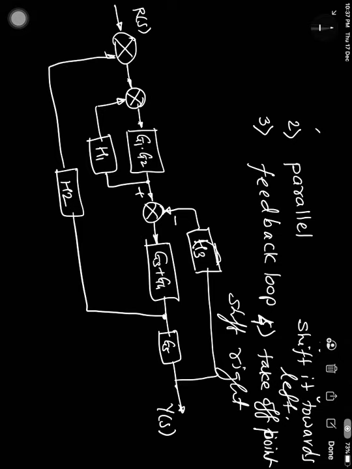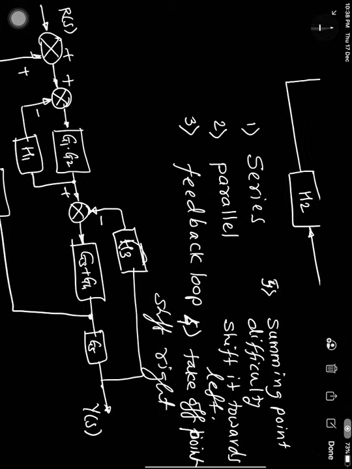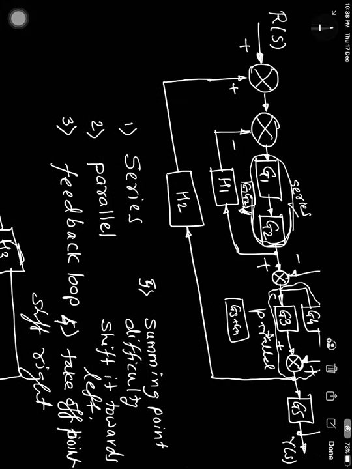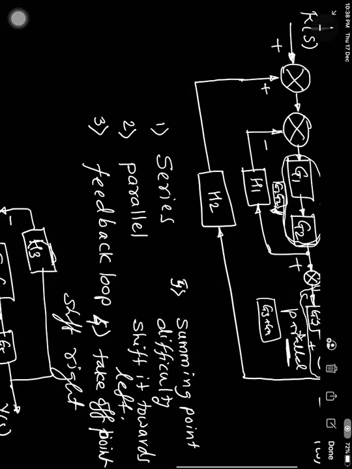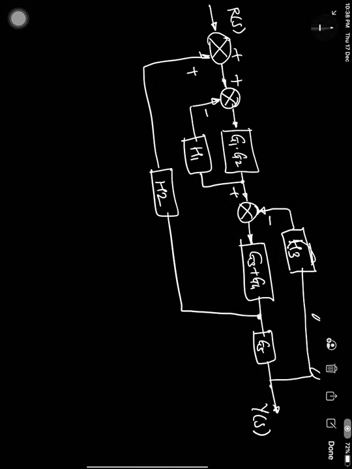So this is minus, this is plus, this is minus. What happened to the previous block? This G1, G2 becomes G1 G2, as they were in series, and G3 and G4, now they were parallel, they become G3 plus G4. So we had redrawn this.